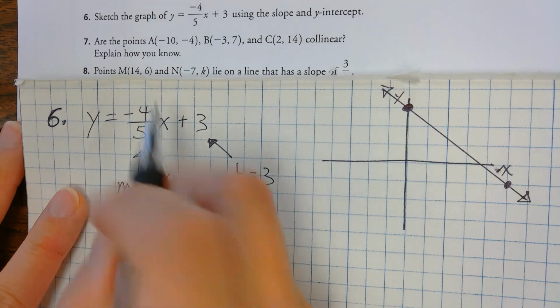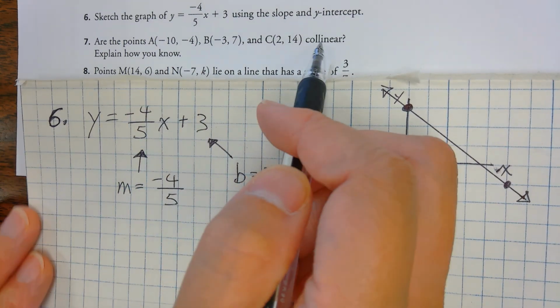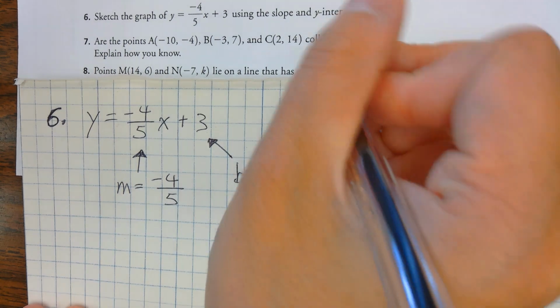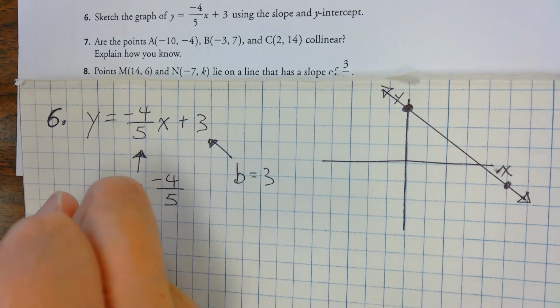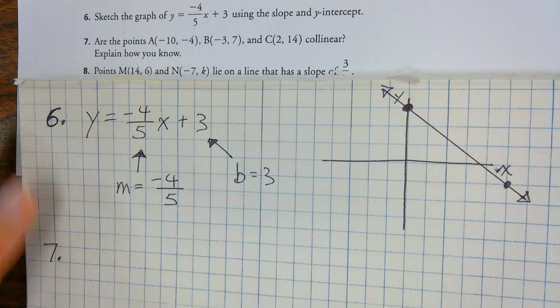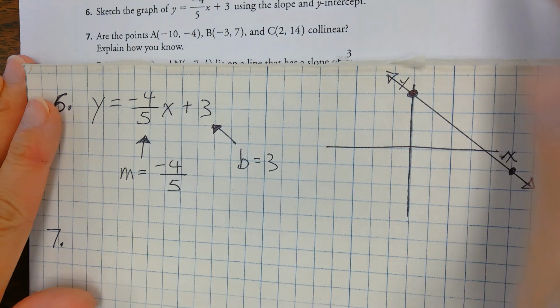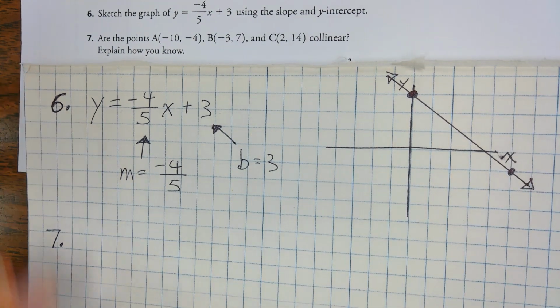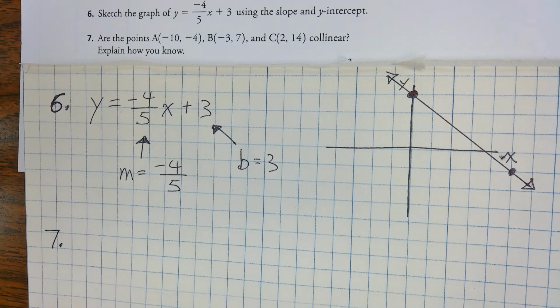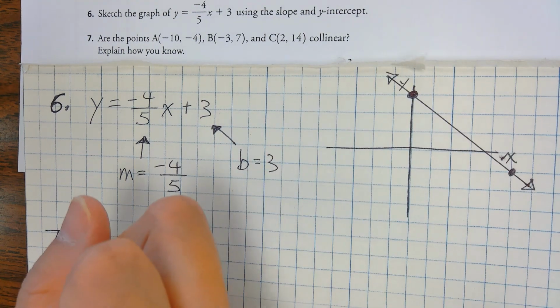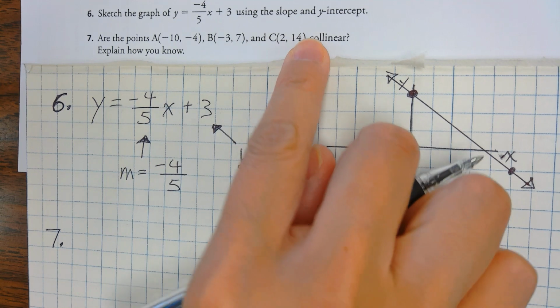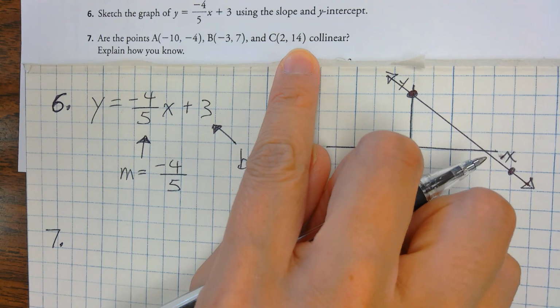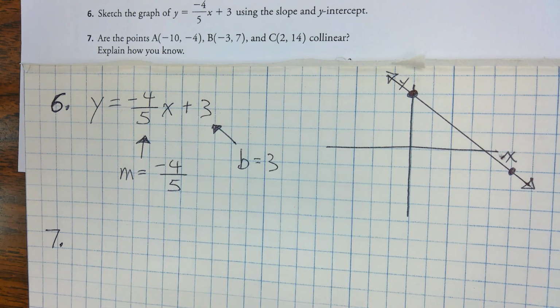Number 7. Are the points collinear? What does the word collinear mean again? Collinear. Yep. 3 points on the same line. So if these 3 points are on the same line, what characteristics do they have in common?